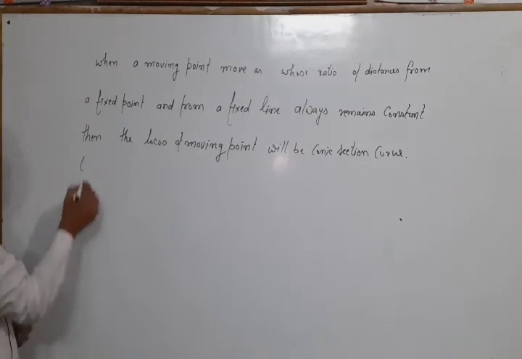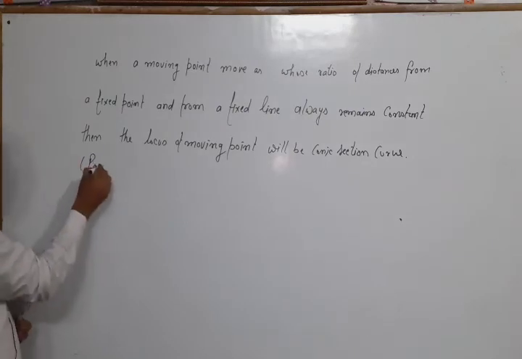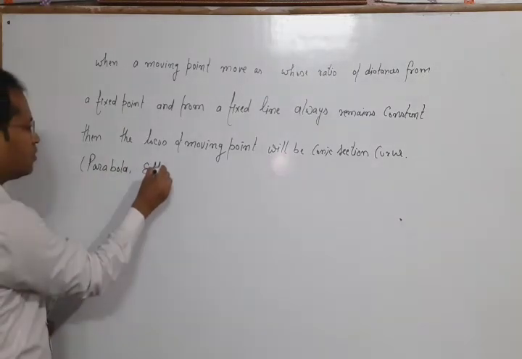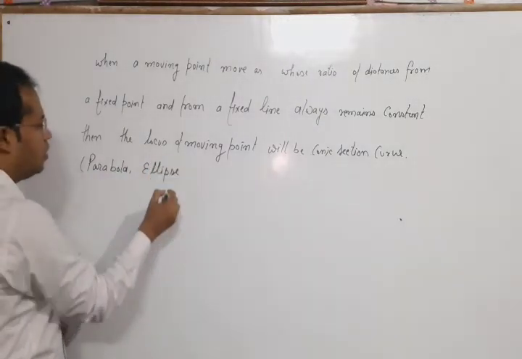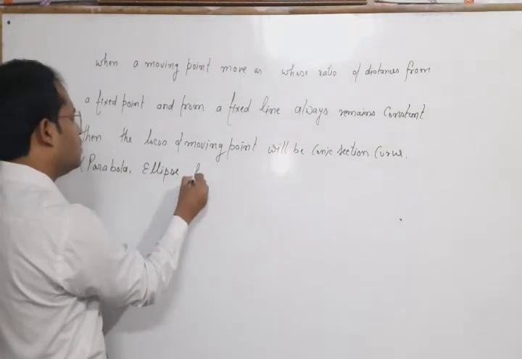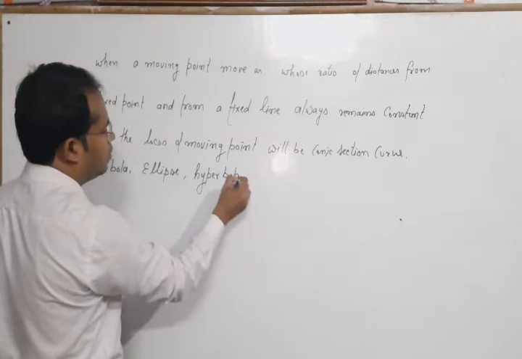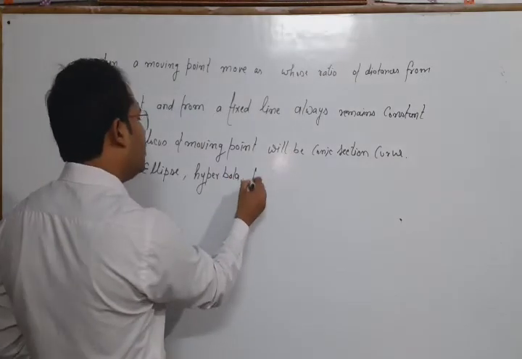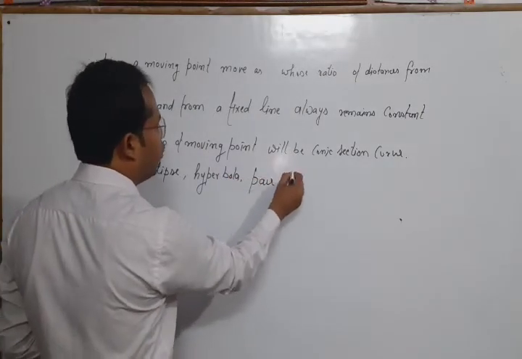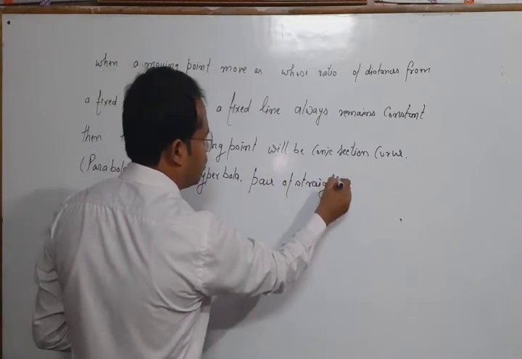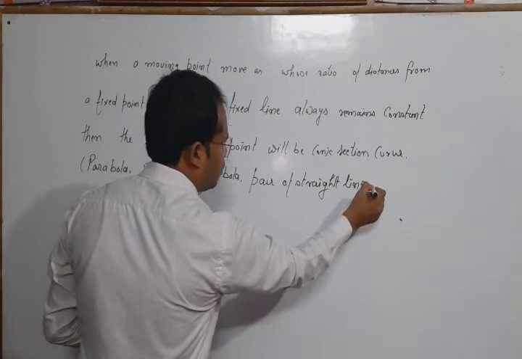In the curve, it can be a parabola, ellipse, hyperbola, and pair of straight lines.